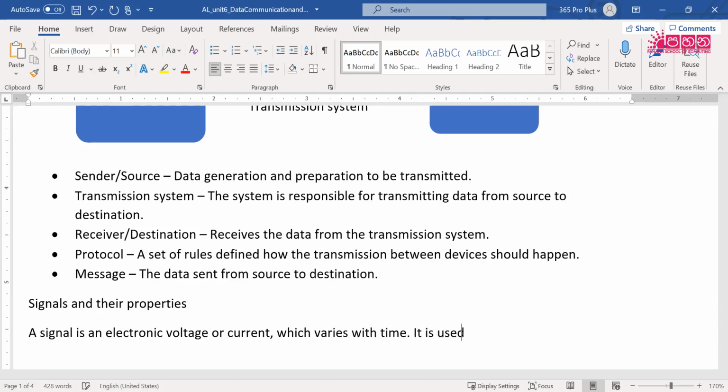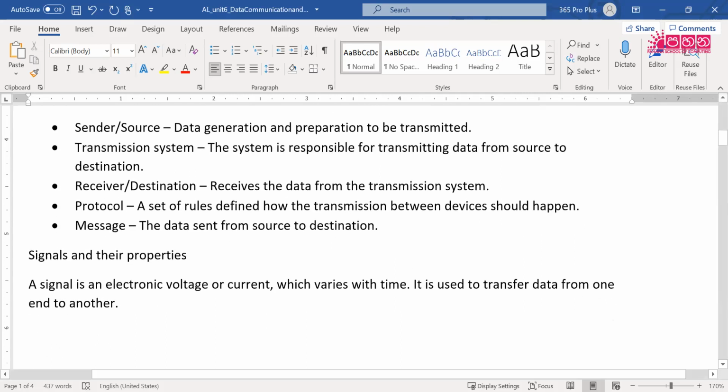It is used to transfer data from one place to another. So it could be both the voltage or the current. It will vary with time. And this is exactly what we are going to use to convey data from one place to another.